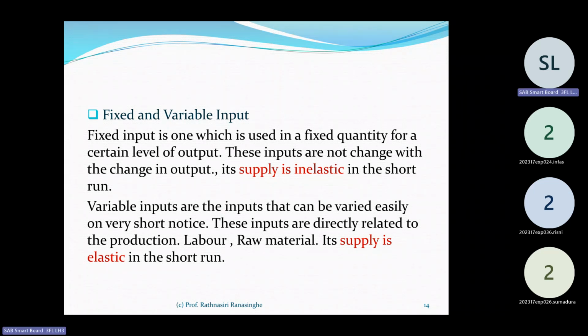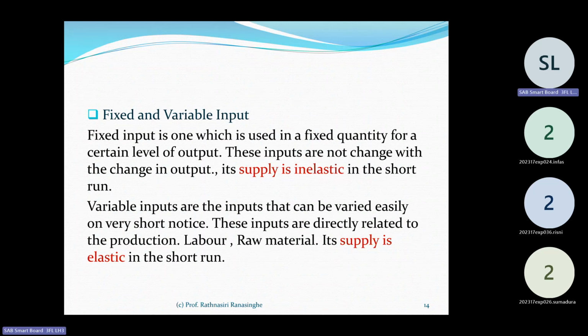So we incorporate capital, land. Can we change the capital? That can represent the buildings, machinery. We cannot change those factors instantly. At short notice, we cannot change the capital. It takes certain time, right? So therefore, we can identify these fixed factors, and also the variable factors.